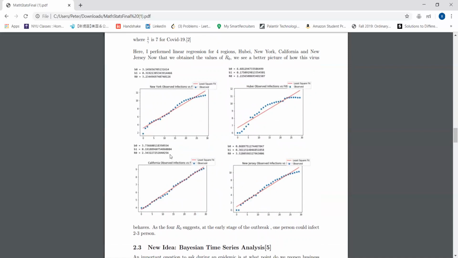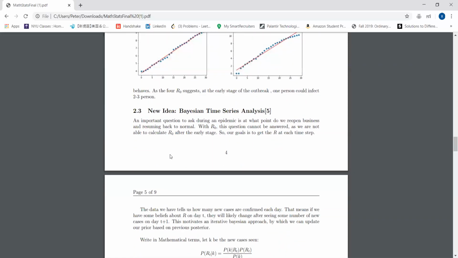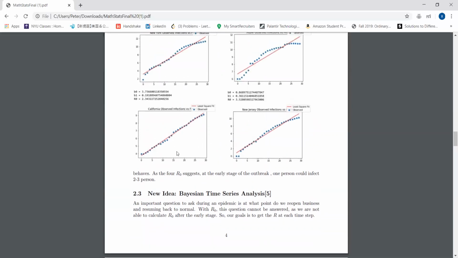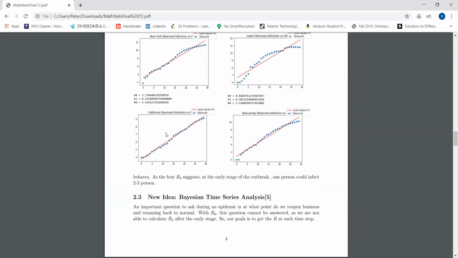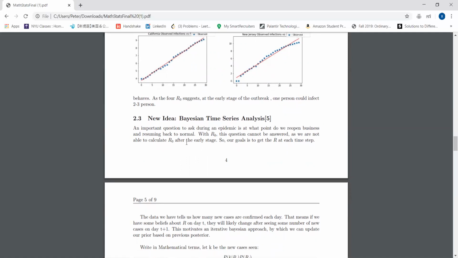When you want to answer questions like when to reopen the economy or when we can resume normal life, you really have to see this in a time-varying way. Maybe during the early 30 days the R naught is this number, but as time goes on, the number of infections goes down, and the R naught might go down as well, but we don't know that.